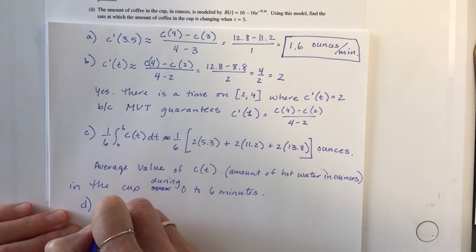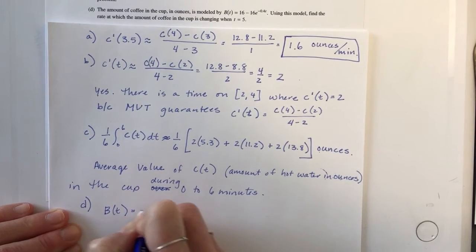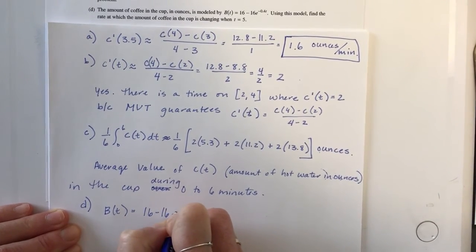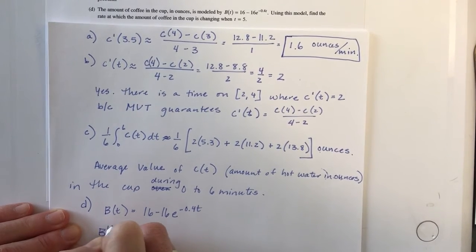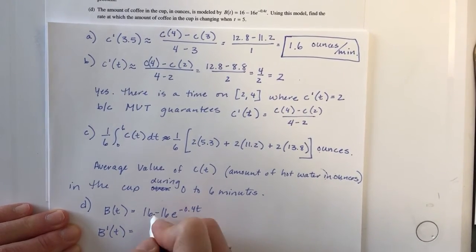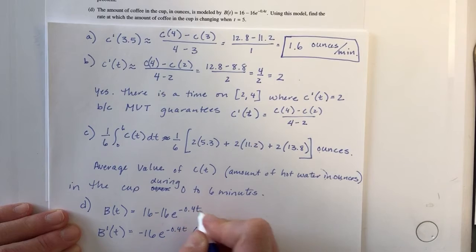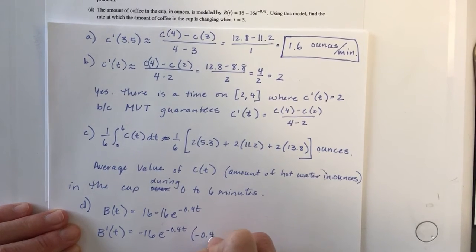We've got B of t equals 16 minus 16e to the negative 0.4t. So B prime of t: the derivative of 16 goes away, the negative 16 goes along for the ride, e to the negative 0.4t stays the same, and then we multiply by the chain, which is negative 0.4.